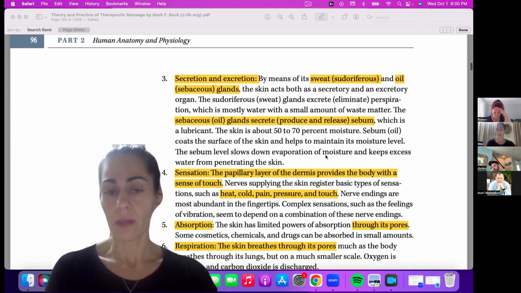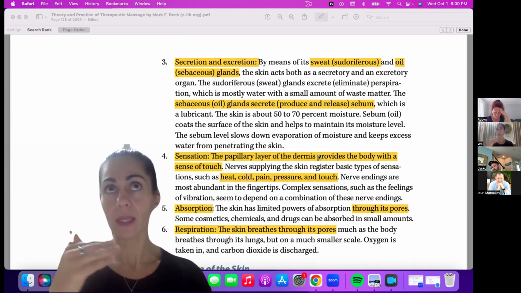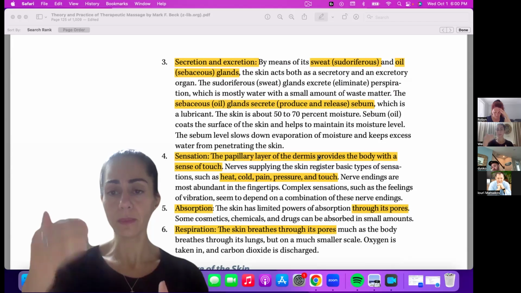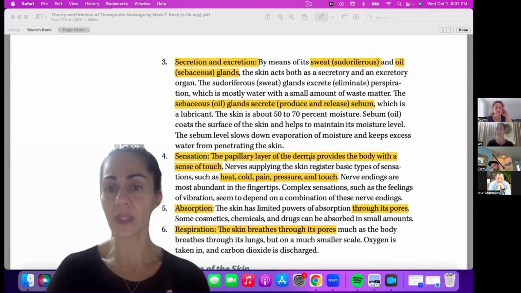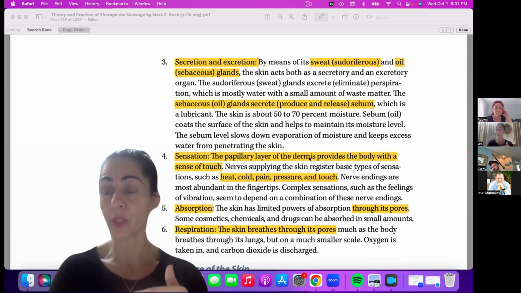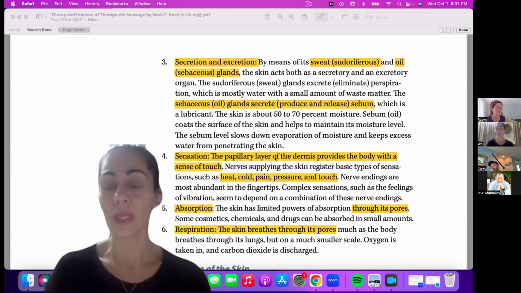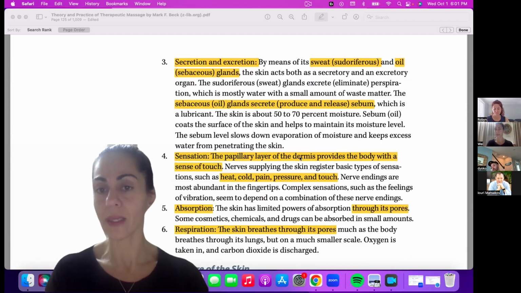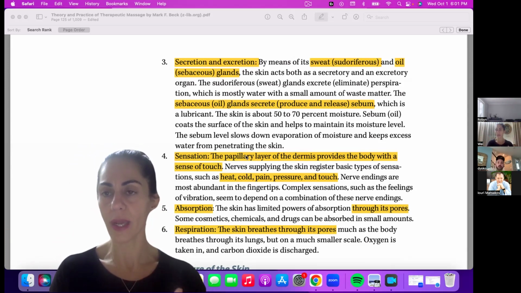The fourth function is sensation. So the skin has two layers. The epidermis, the most outer layer, and then the middle layer, which is the dermis. And we do also have the subcutaneous layer that we talked about, the superficial fascia yesterday. So in the dermis, which is the middle thicker layer, there's that layer called the papillary layer. So that word might come, okay? They might ask you, what's in the papillary layer of the dermis?